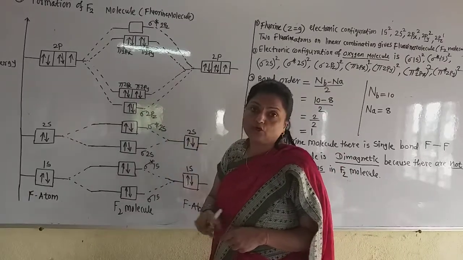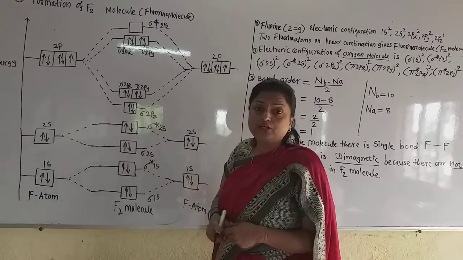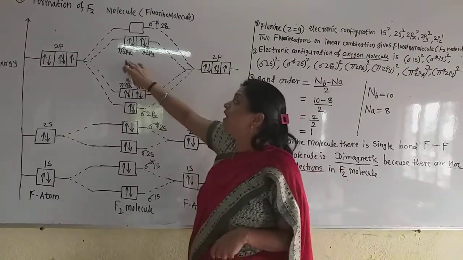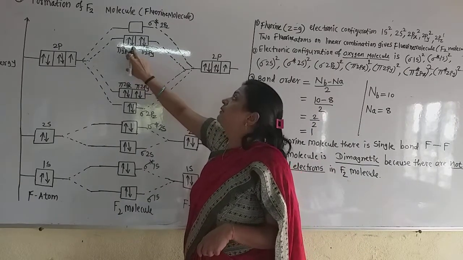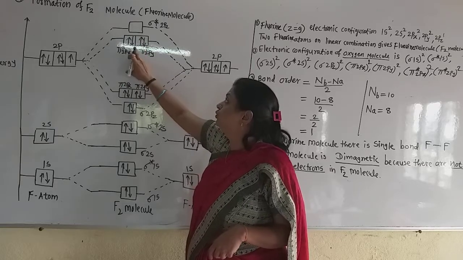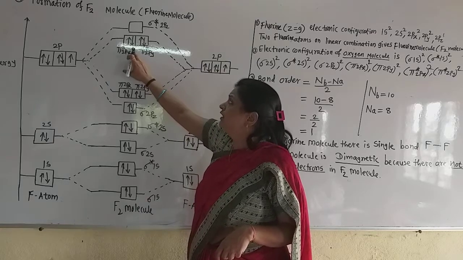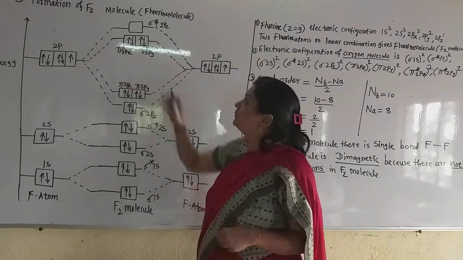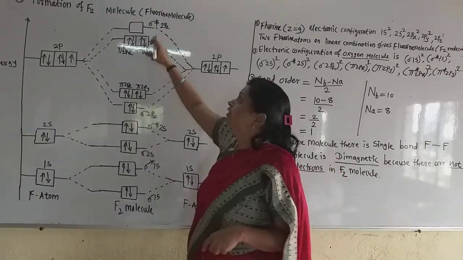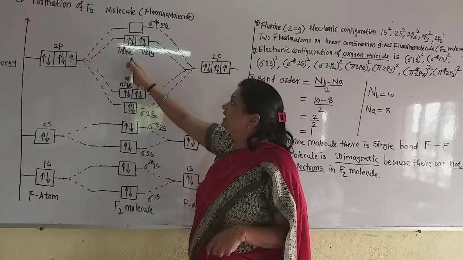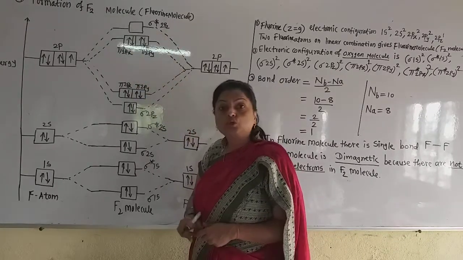So totally 6 electrons have gone into the bonding orbitals. The remaining 4 electrons enter the pi star 2px and pi star 2py orbitals with opposite spin. Both contain 2 electrons; their energies are the same. The sigma star 2pz remains vacant because it has the highest energy.